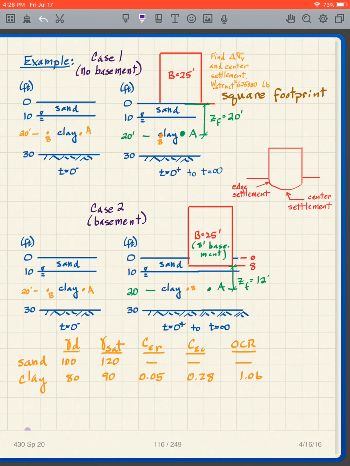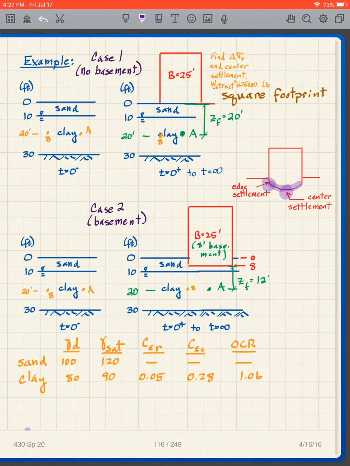Well, now we want to look at the settlement beneath the edge of the structure, so that we know in advance what the settlement pattern is going to look like. In other words, we get this dishing effect where the center settlement is greater than the edge settlement.